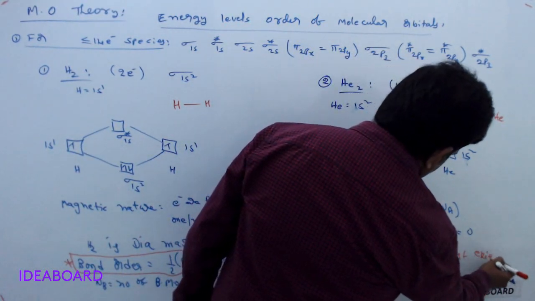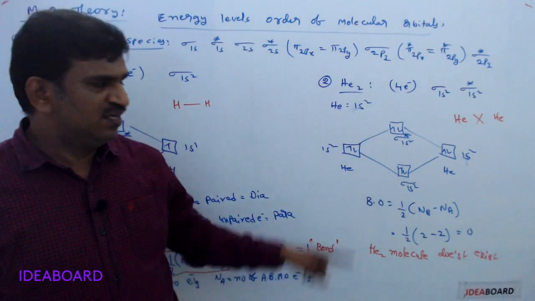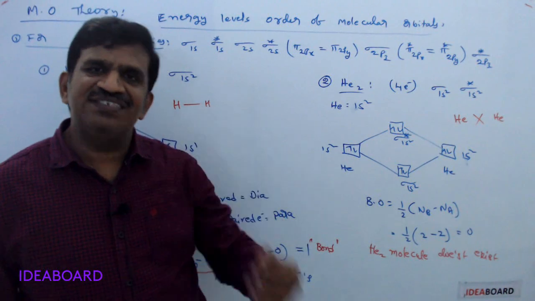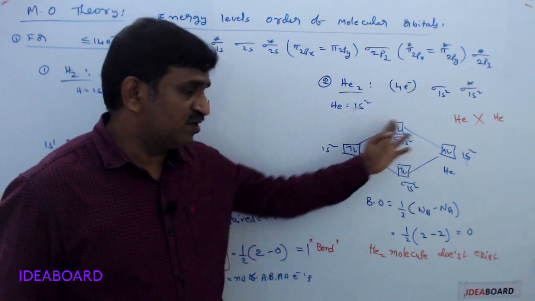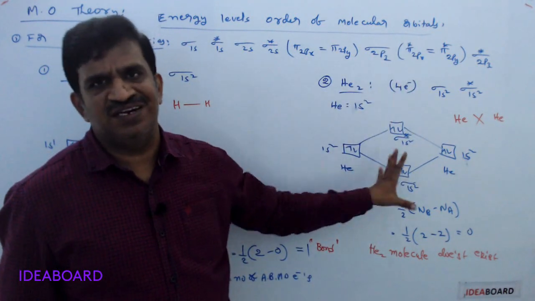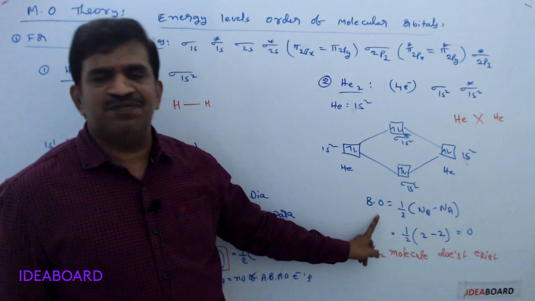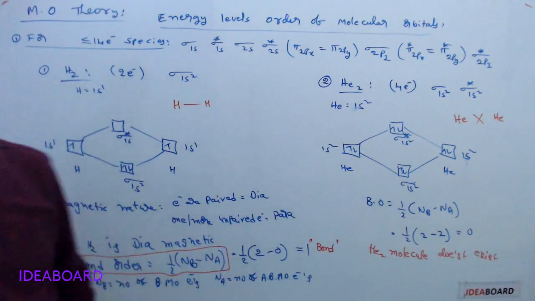By this bond order calculation, we can say the helium molecule doesn't exist. We can write the configuration and the diagrams theoretically, but practically, as per the bond order, it is 0, meaning no bonding. Okay. Next.